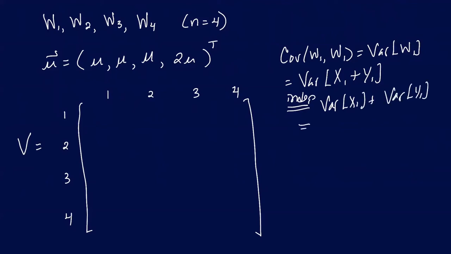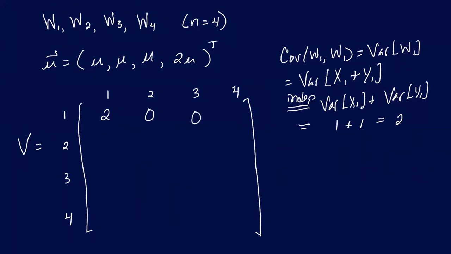And both of these had variance 1. That's the original setup of the problem. So we do get a 2 in the 1, 1 entry of this matrix. Now, W1 is independent of W2, so they are uncorrelated, or equivalently have a covariance of 0. I'm going to get a 0 there. And the same thing for W1 and W3. Those are independent, and they have a correlation and hence a covariance of 0.